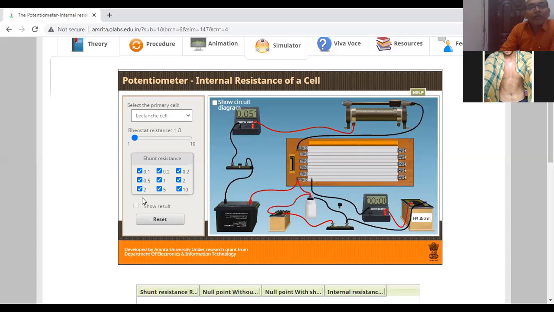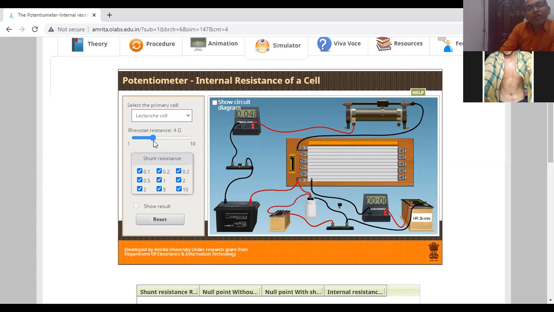The rheostat's resistance can be varied using this. And here you see the current is changing, getting decreased. Okay. But remember, you have to keep the current constant.